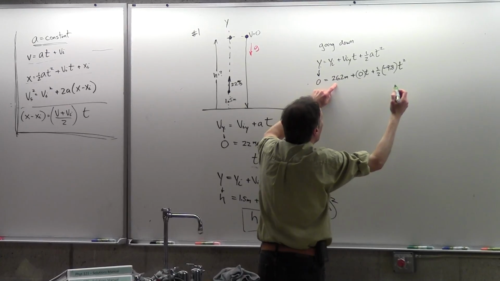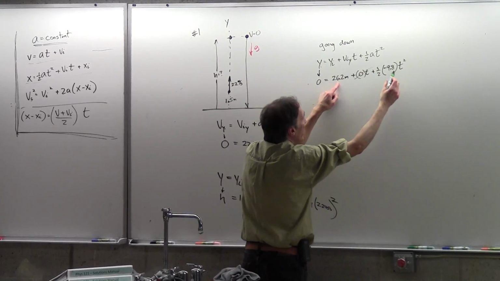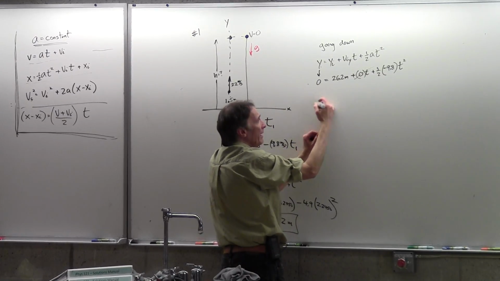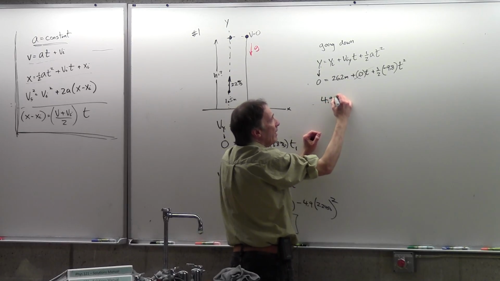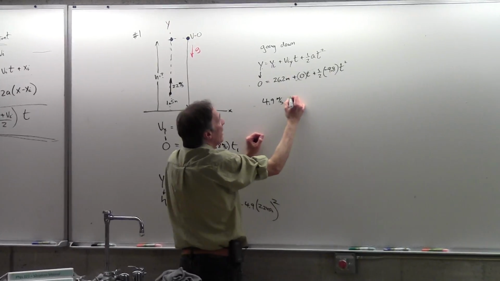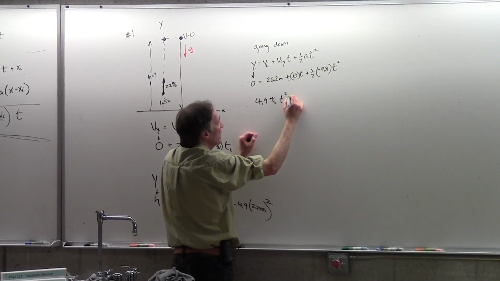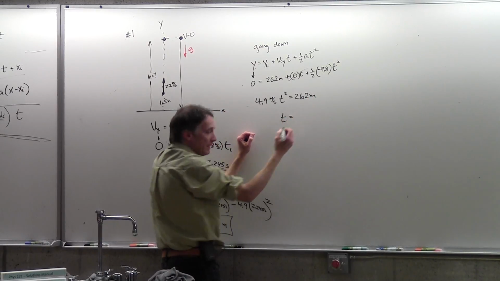And so here I can solve for t. This 0 here, that term goes away. I'll take this over to the other side as a plus 4.9 meters per second squared times t squared is equal to 26.2 meters. And I can solve for the time.